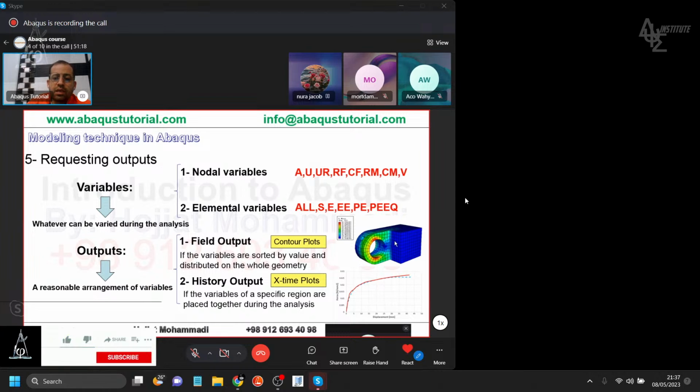All stress variables are sorted through the geometry, and we can see which part of the body experiences a higher level of stresses, as you can see at the upper and lower side of the hole, and which part experiences a lower level of stresses.